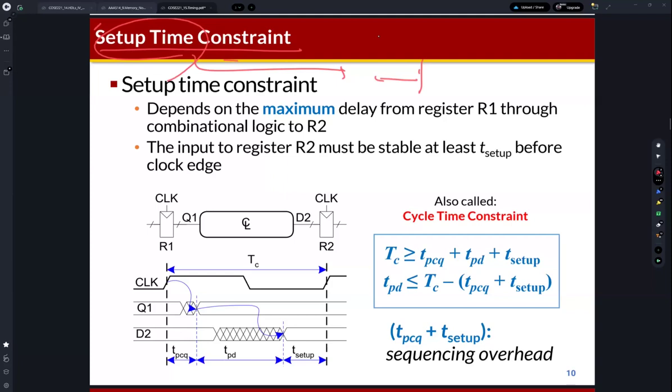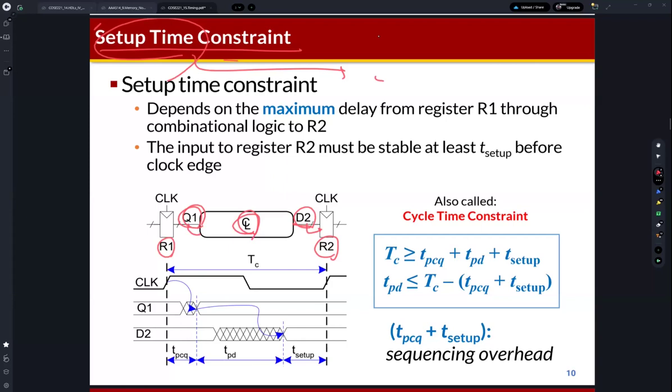So this is our model. Q1 is the input of the combinational logic. Then this is combinational logic. Then D2 is the output of combinational logic, and D2 is also the input of flip-flop R2. Q1 is the output of R1, and this output becomes the input of the combinational logic.